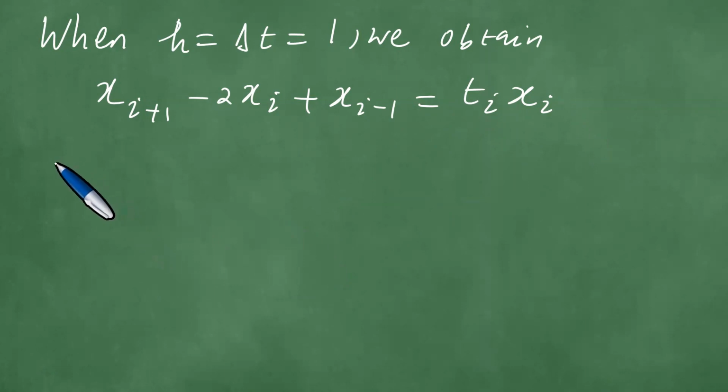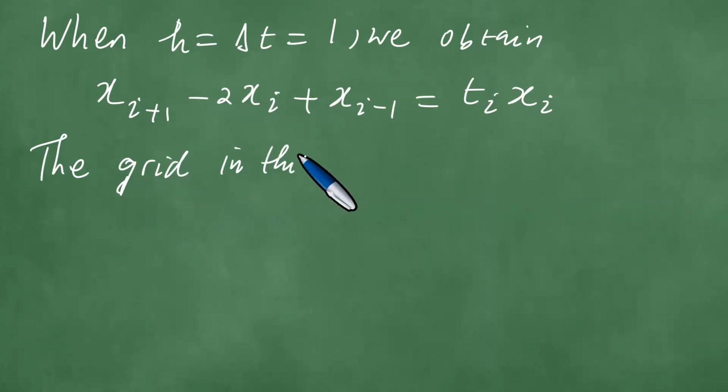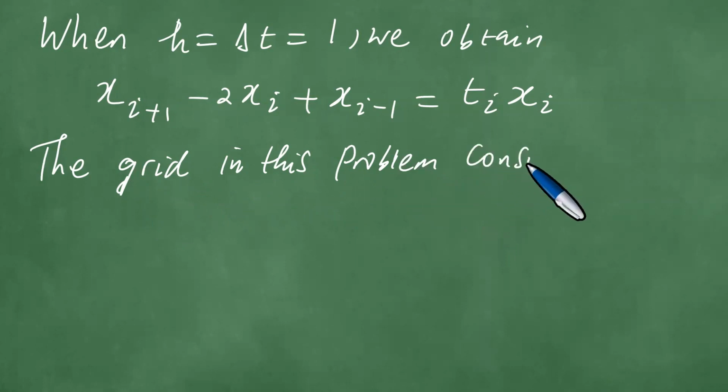Now we comment on the grid. The grid in this problem consists of the following points.